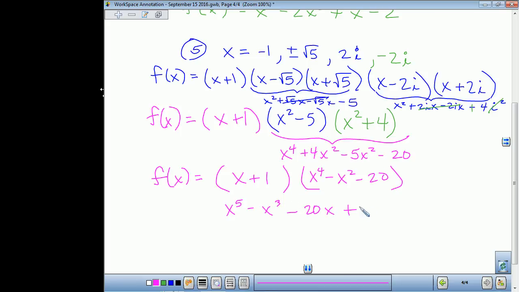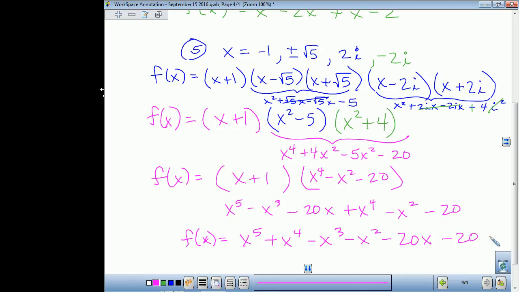So that gives me an x to the 4th, a minus x squared, and a minus 20. Now some of you probably would have noticed, I can put these in the right order to start with. I've got to rearrange mine a little bit, go from greatest to least degree, so that I have my answer in standard form. And we're done.